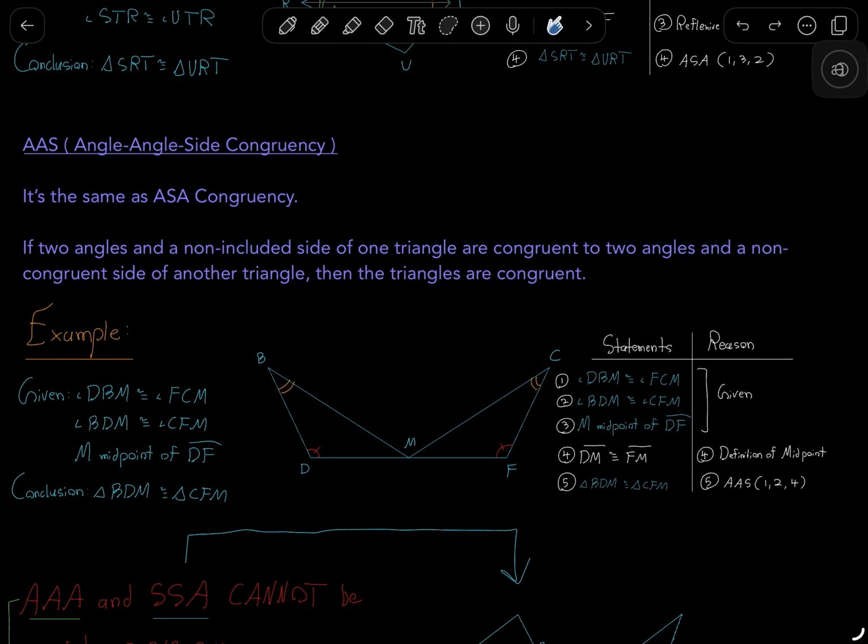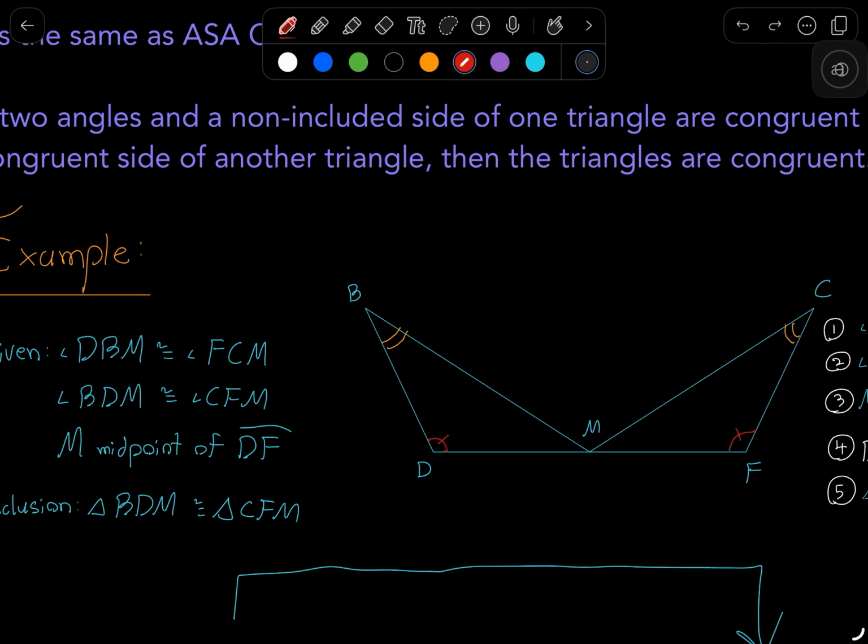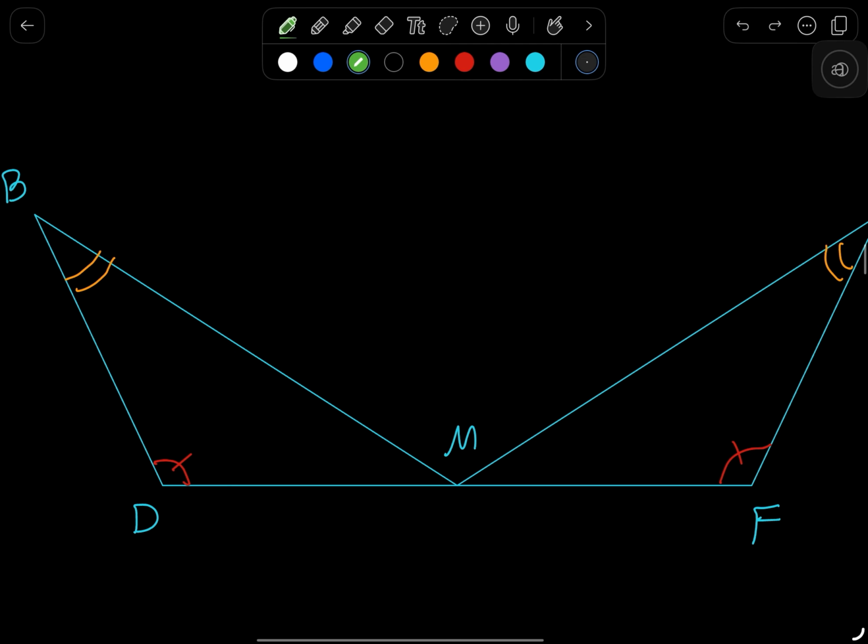We're trying to prove that this triangle here is congruent to this one here. Also, they give us that M is the midpoint of DF, which means that M divides DF into two congruent segments, so DM is congruent to FM.